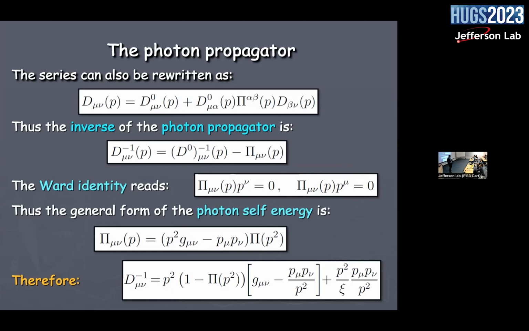This is something extremely important, especially in quantum electrodynamics: if I call this the longitudinal part of the photon propagator, because it's not transverse, it never gets modified. It doesn't matter at what order in perturbation theory you go, it always remains the same.